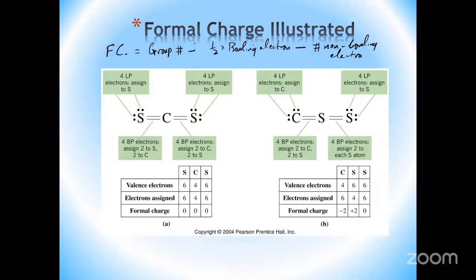All right, so half the number of bonding electrons here and the number of non-bonding electrons there, right?